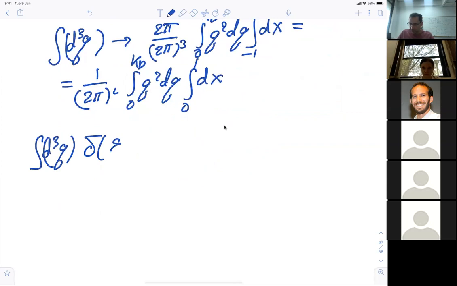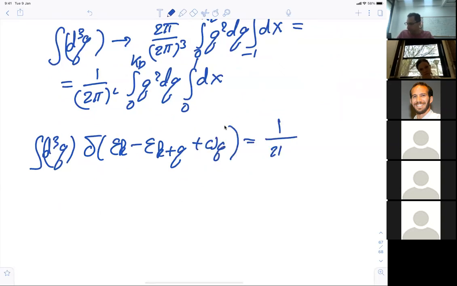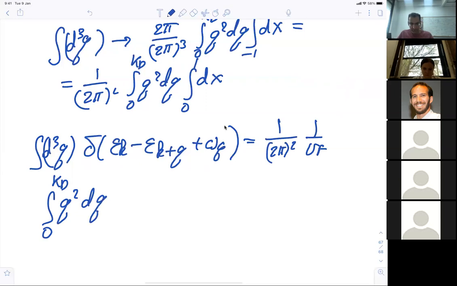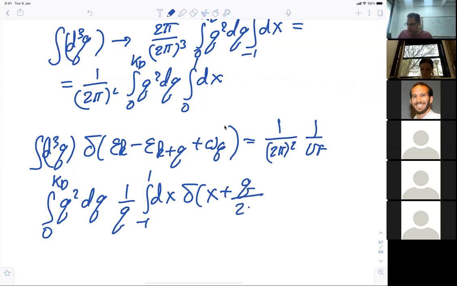So it means that the integral d3q of the delta function of epsilon k minus epsilon k plus q plus omega q turns out to be 1 over 2 pi squared, 1 over v Fermi, integral from 0 to k Debye q squared dq, 1 over q, integral from minus 1 to 1 dx, delta function x plus q over 2k Fermi.